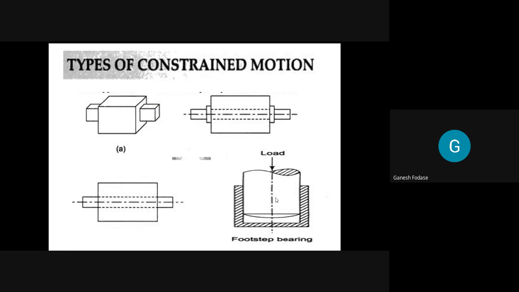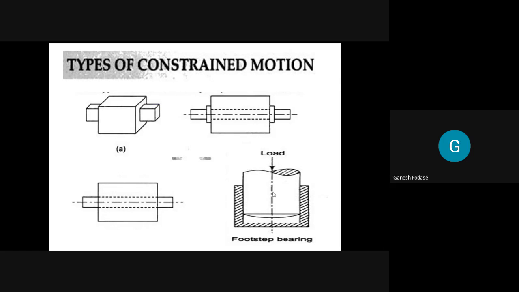But when we apply some load in a vertical direction, how many motions are possible here? Only one linear? Because we are applying load from the upper side, it is not allowed to move upward or downward. So only rotation is possible here.